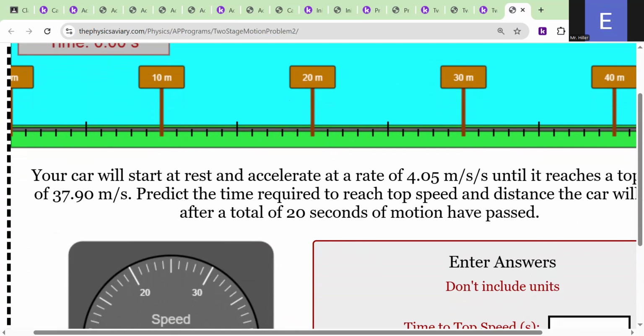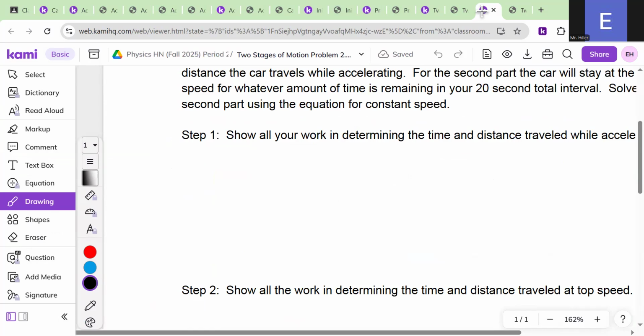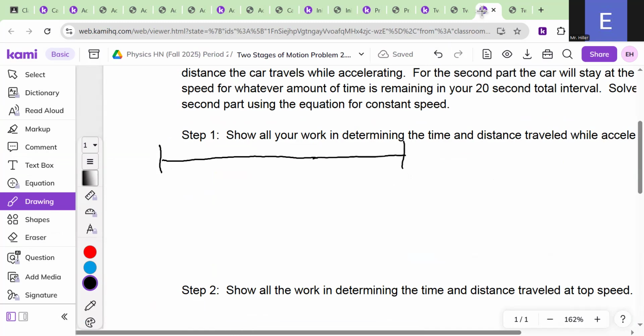We start from rest and accelerate until you reach a certain value. My value is 4.05, so I'm going to enter that. I'm going to make my chart just like before. Constant acceleration, constant velocity. My variables: delta x, v, v naught, a, and t.